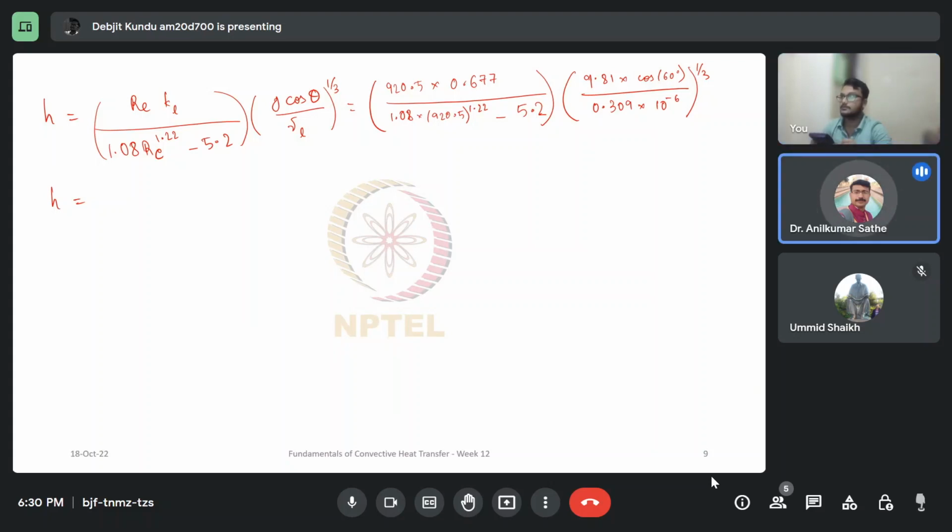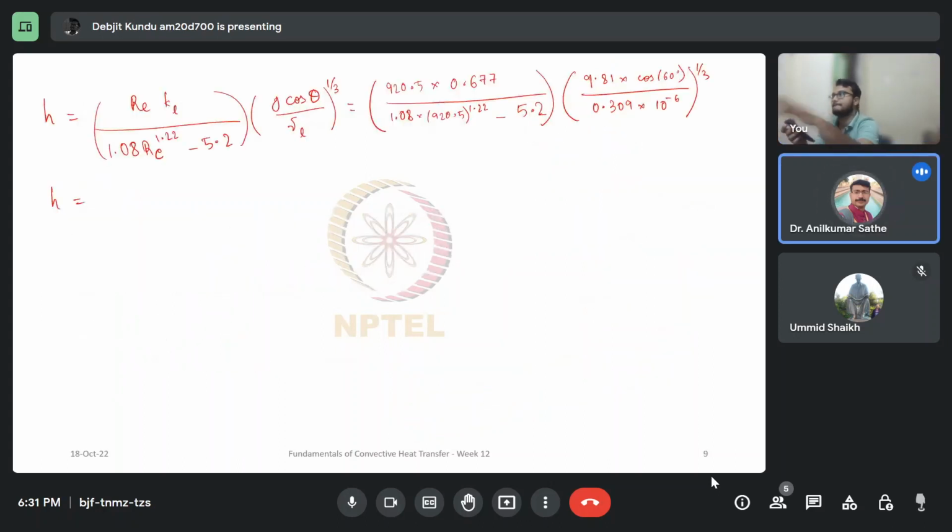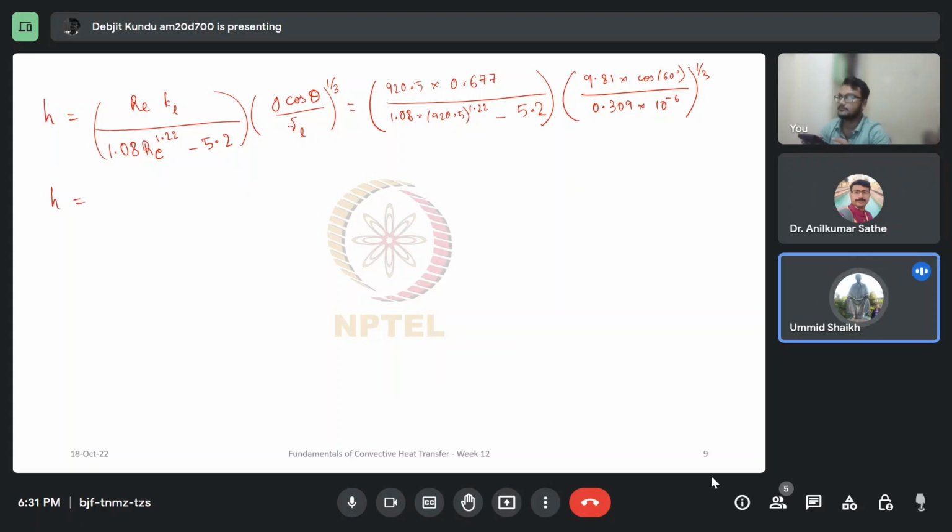Sir, what is the value of HFG, the latent heat? The value is 2286 into 10 to the power 3. Okay. That should be G cos theta upon nu L square. You have written nu L. Sorry, G cos theta upon nu L square. Yes, I missed the square. Thank you.